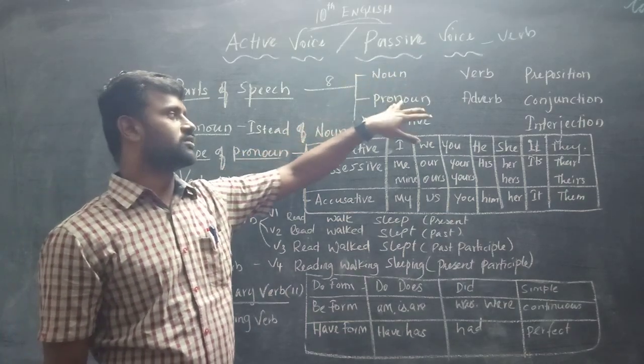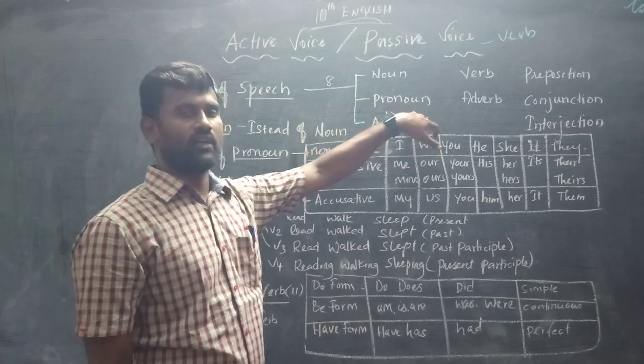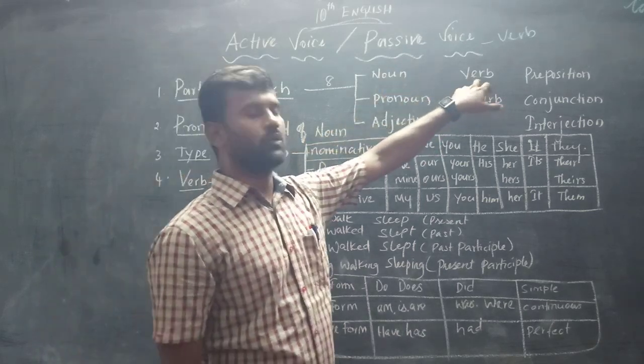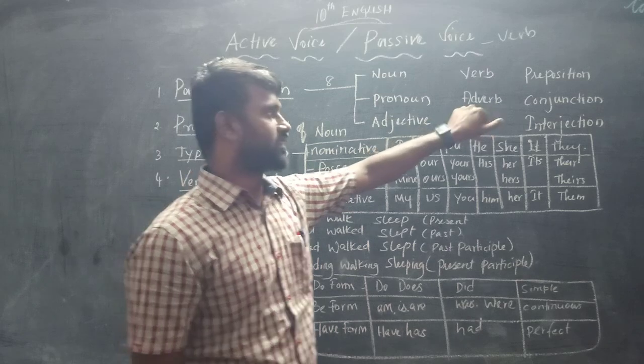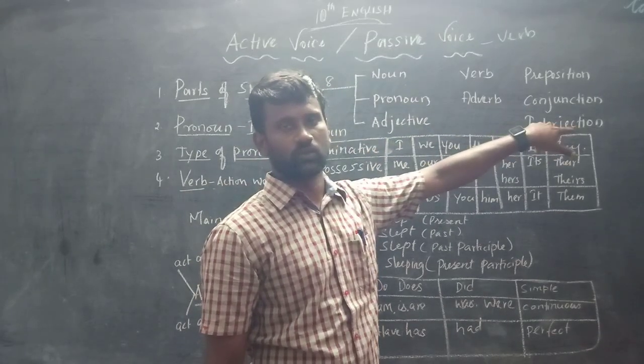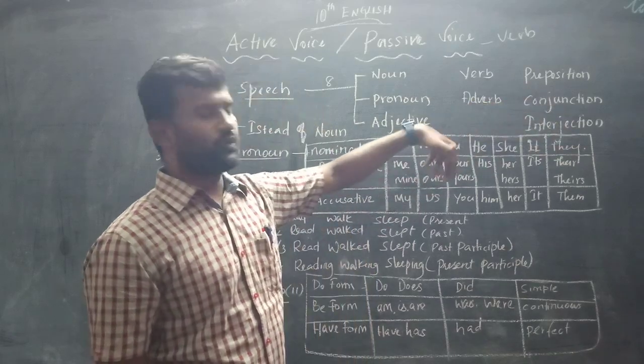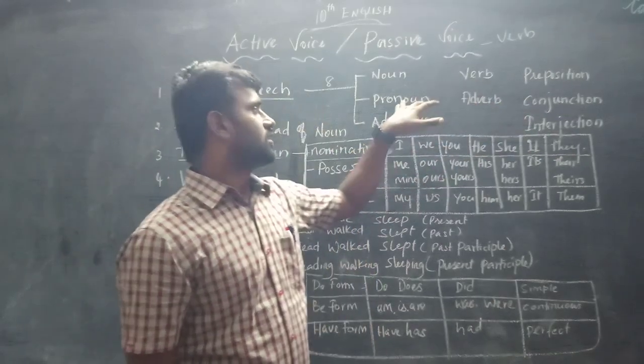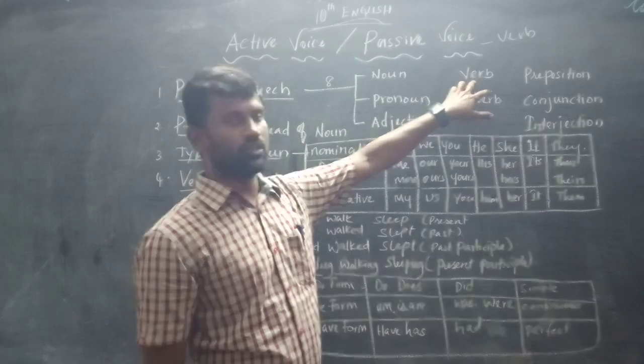They are noun, pronoun, adjective as one group, verb and adverb as the second group, and preposition, conjunction and interjection in the third group. Now what we are going to look at is the pronoun and the verb.